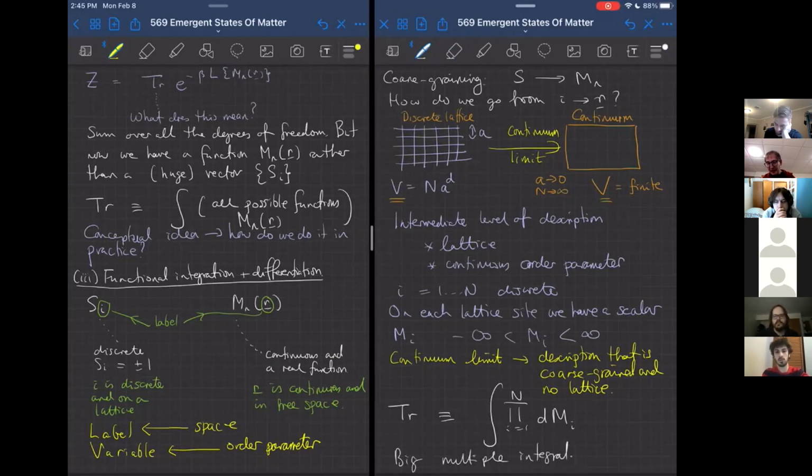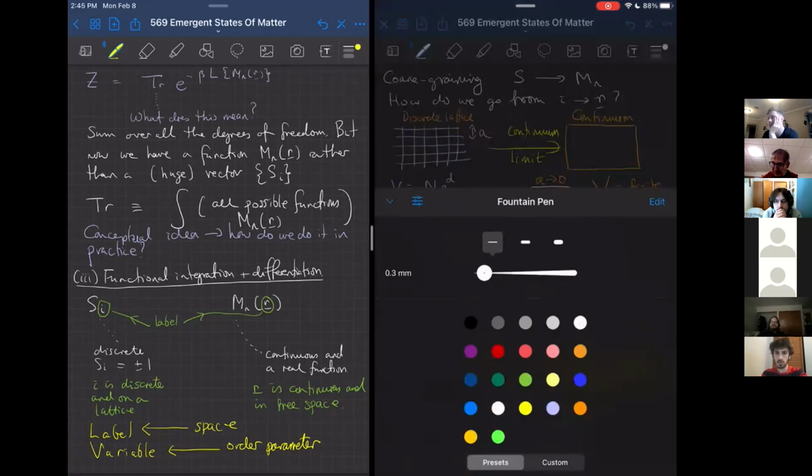But in order to get the continuum limit, I need to take n going to infinity. And so if I take n going to infinity, then what I'm doing is now an integral in an infinite dimensional space.